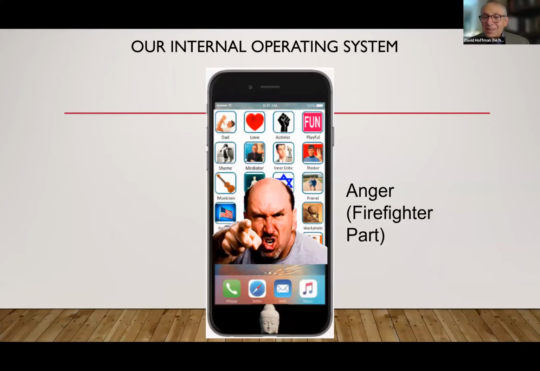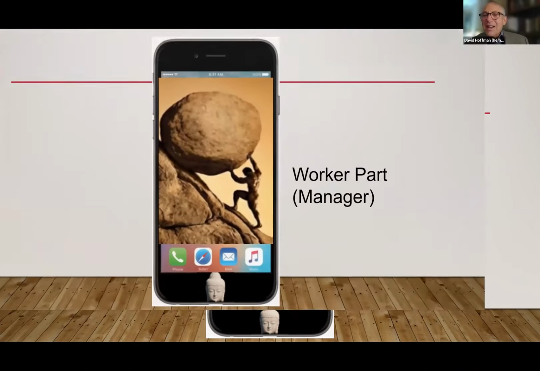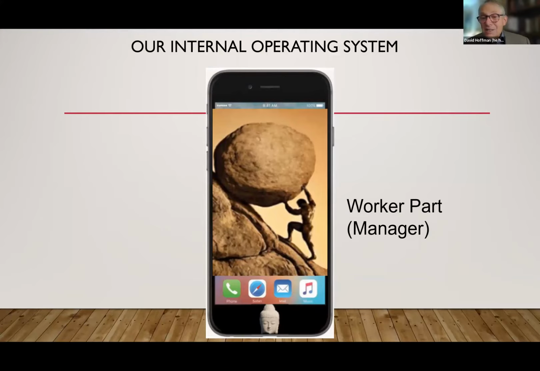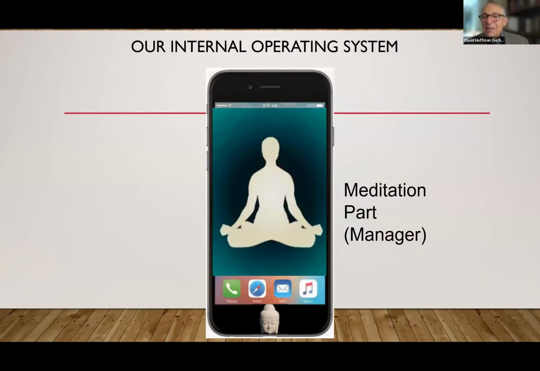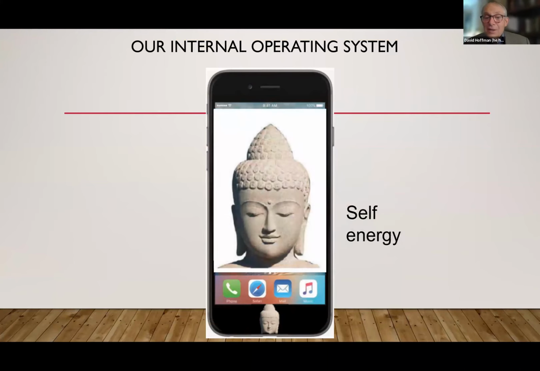Our angry firefighter parts seem to be self-activating. We don't have to click on those, they just come right up. In my case, I have a worker part, I have a meditation part. And there's self-energy, which I put down there at the bottom.